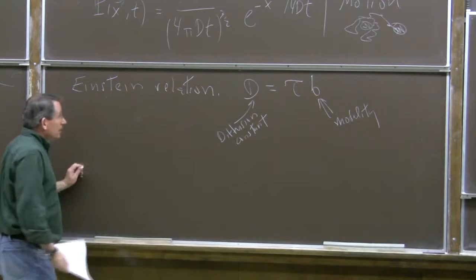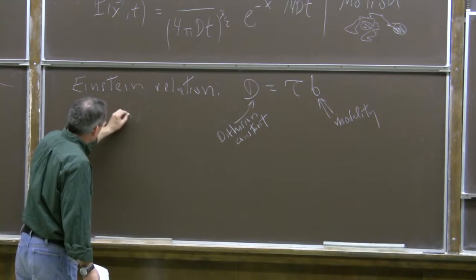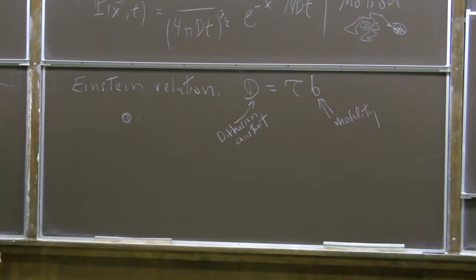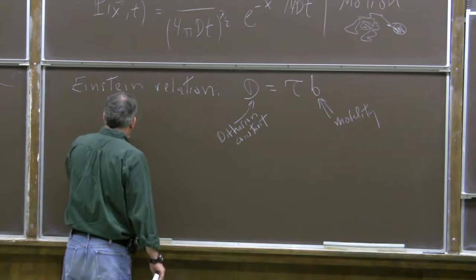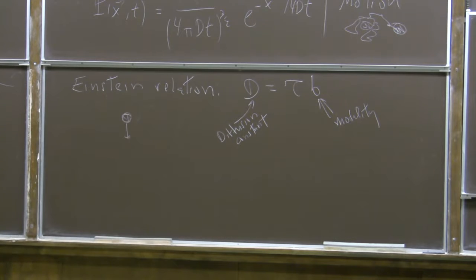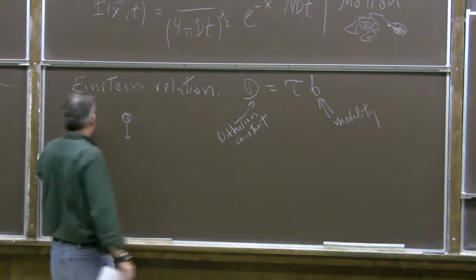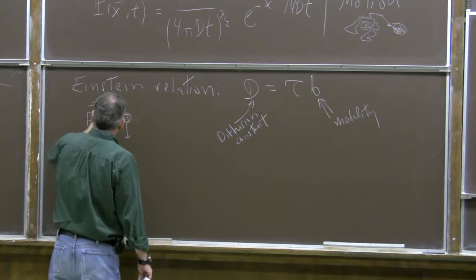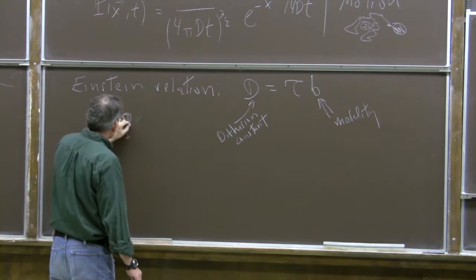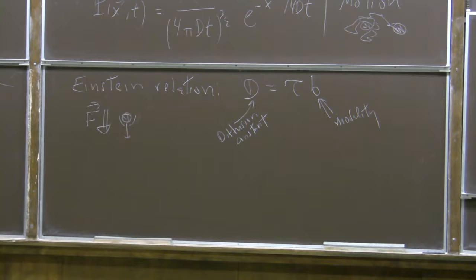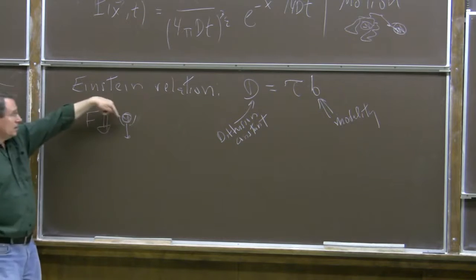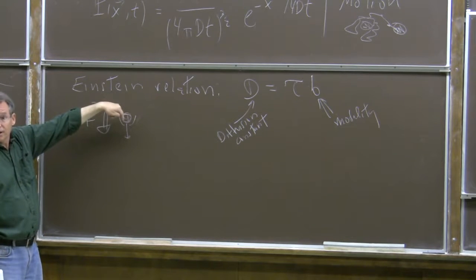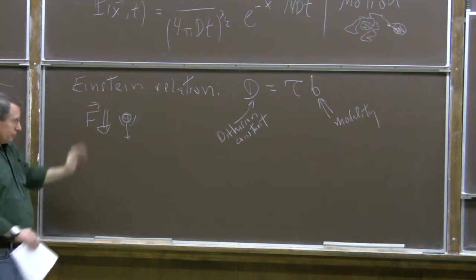So if we think of, say, our little pollen grain falling under the force of gravity through the water or whatever it is, there will be resistance to that applied force coming from, in this case, the viscosity of the fluid, the fact that the fluid resists flow, and as a result, the particle will reach a terminal velocity, which is proportional to the force.